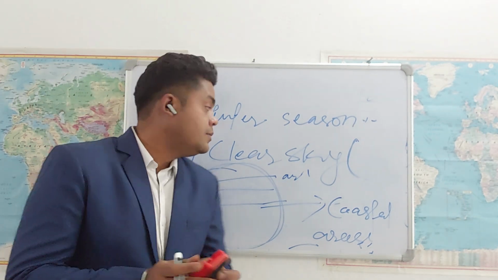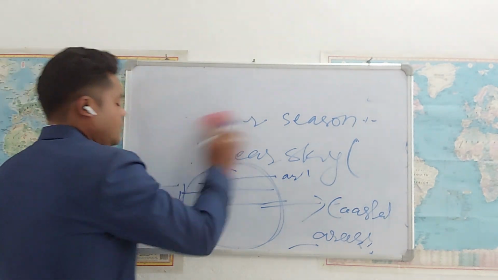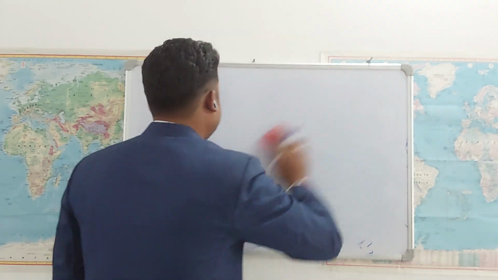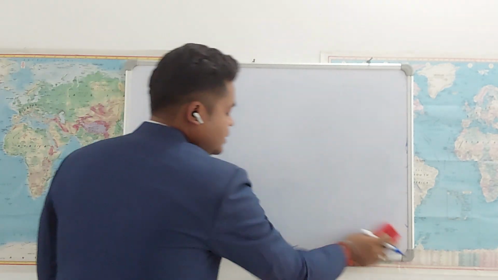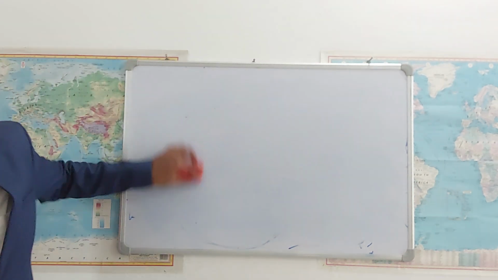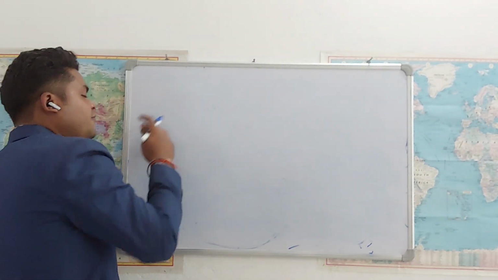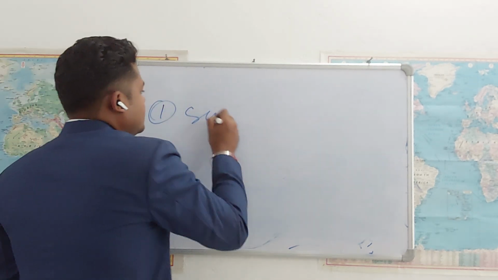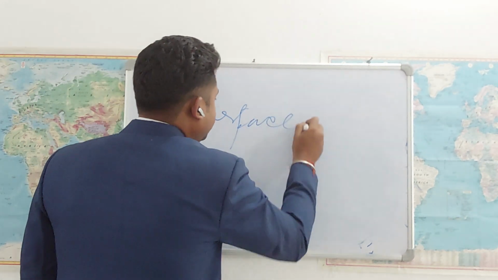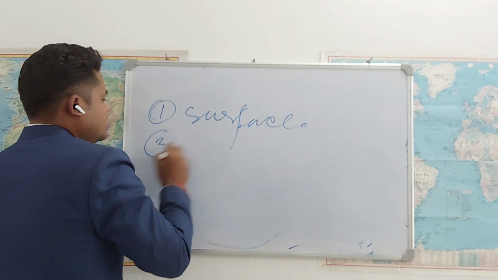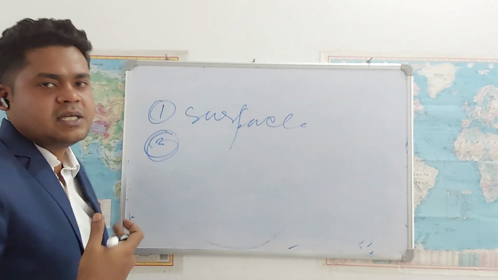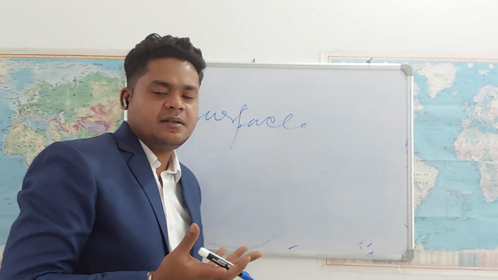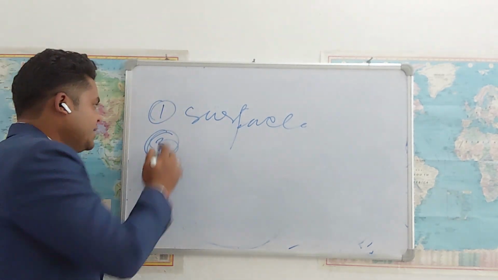Now let's go to the types of inversion. There are 4 types basically. When I say type, it means the reasons. It is just a flow, nothing else.